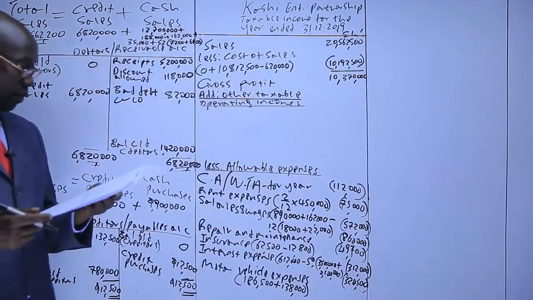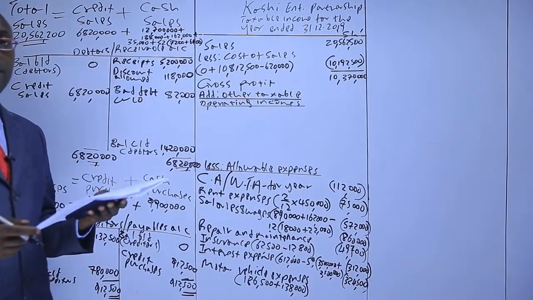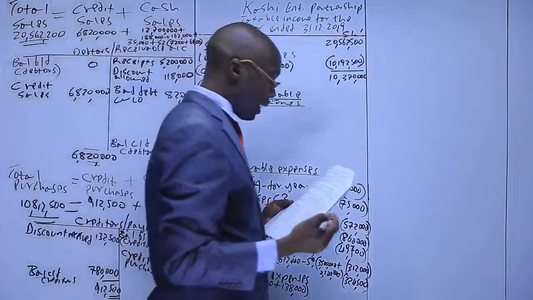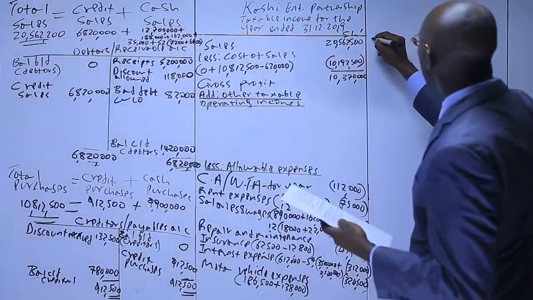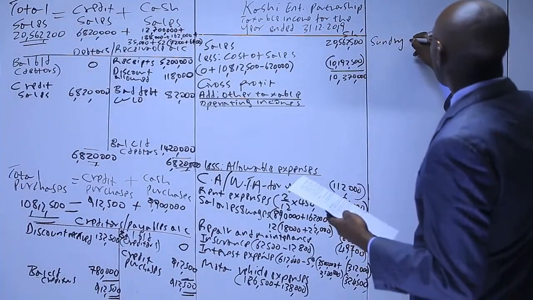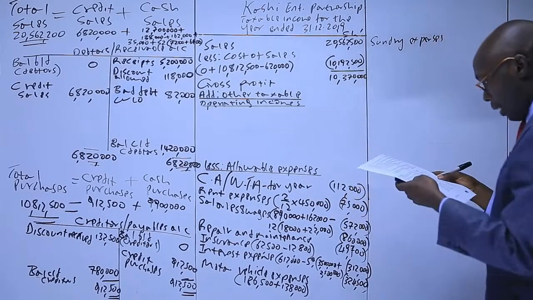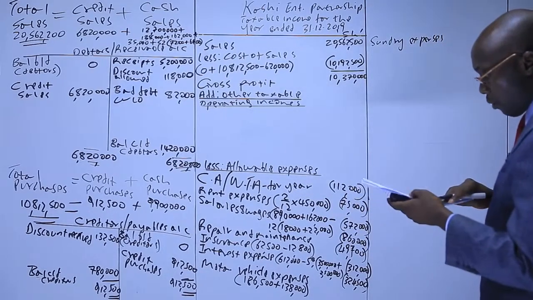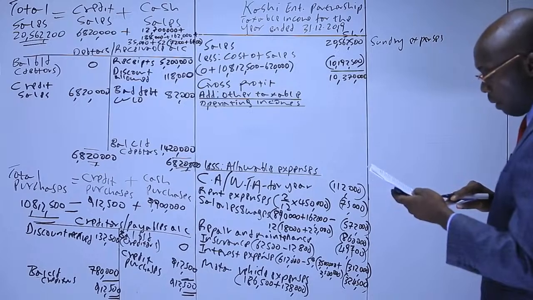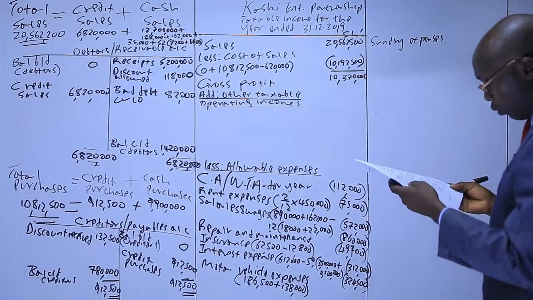Then we go back after the motor vehicle expense. We have sundry expense. Sundry expense is an allowable expense, so we continue. And this one again is mentioned somewhere else in additional information number 1, the one that was paid through cash.